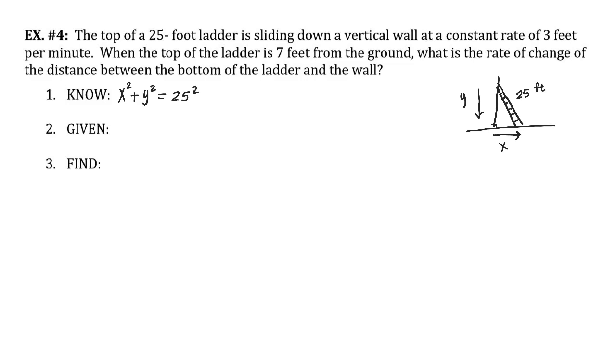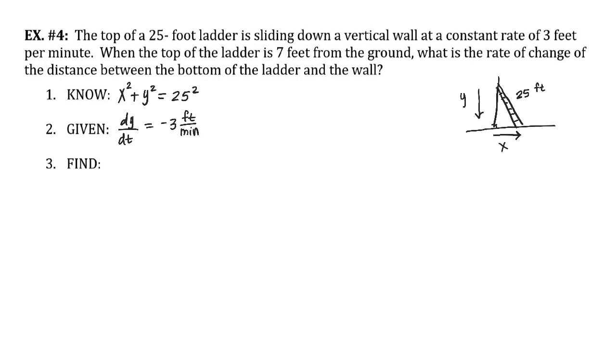Something we should know. Do not multiply that out. Now notice that we also are given the rate at which the ladder is sliding down. So we know dy/dt is going to be equal to negative 3 feet per minute. And we know it's negative simply because the ladder is moving downward.